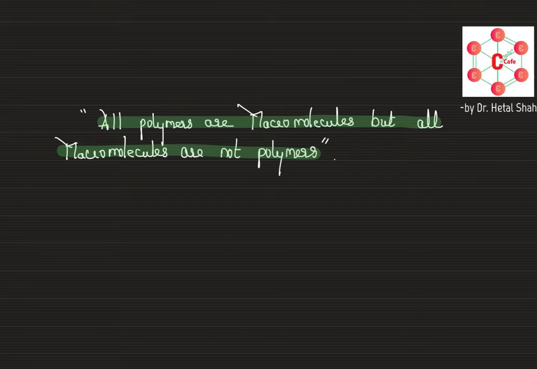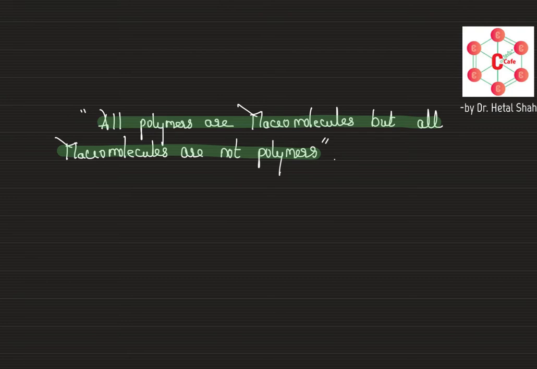All polymers have huge carbon skeletons and they're very big, so they can ideally be called macromolecules. But there are a lot of macromolecules which have huge molar mass, very, very big, but they do not have repeating units like polymers. Polymers have repeating units, and a lot of these macromolecules can be big, but they cannot have repeating units.